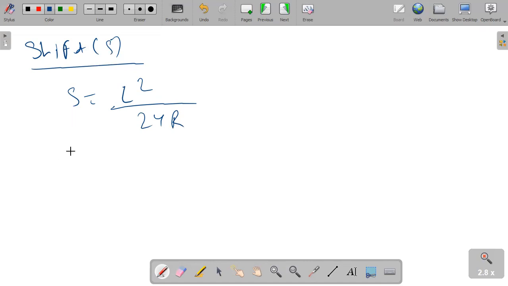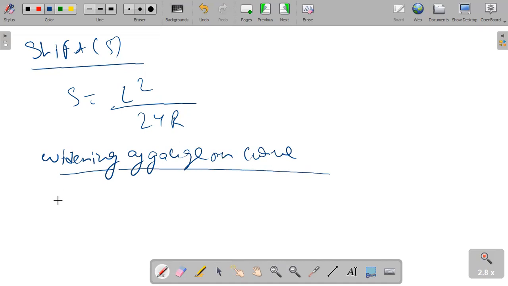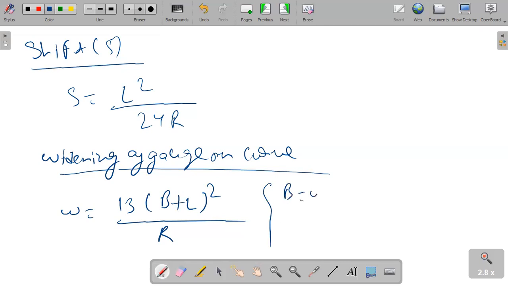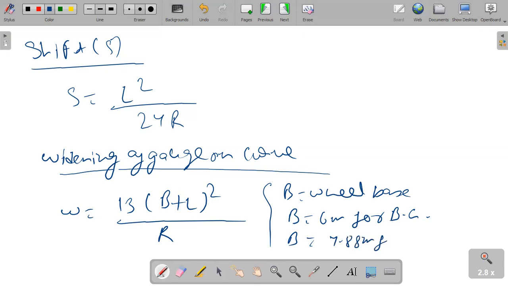And our next thing is widening of gauge on curves. So we have a formula for this, that W is equal to 13 into (B plus L) whole square divided by R. Okay, where this B is the wheel base, and B is 6 meter for broad gauge, and 4.88 meter for meter gauge.